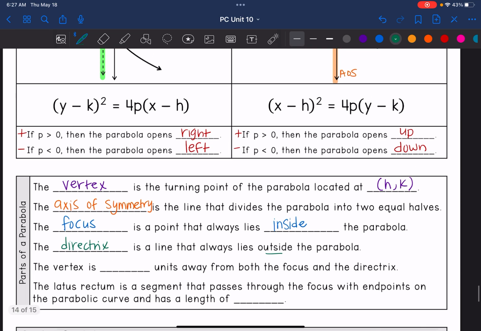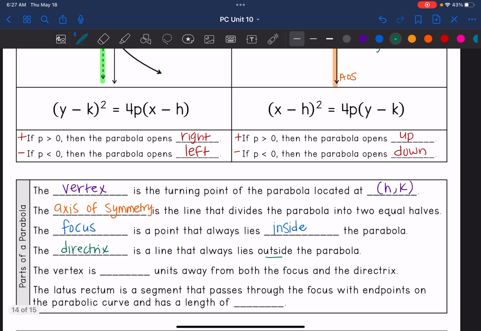Okay, so those are the parts that you need to know. But the other two things that are labeled here are things like how to find. So the vertex is blank units away. Looking at your equations here, I know that h and k go where the vertex is supposed to be, so we can't use those.